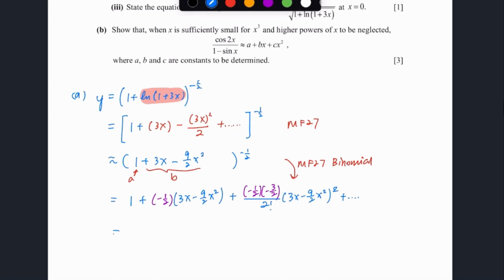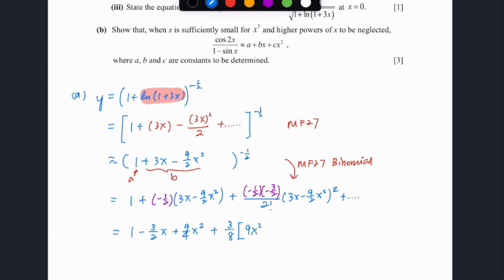Now let's expand. So 1 minus 3 over 2 x plus 9 over 4 x squared. Here the coefficient, let's do some simple math, would be plus 3 over 8. Inside over here, we don't need to do so much work because (3x) squared is 9x squared.